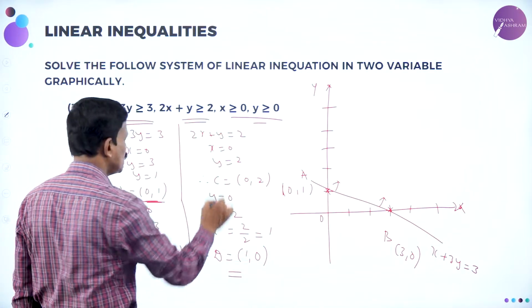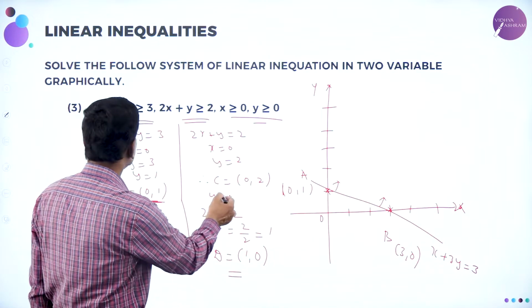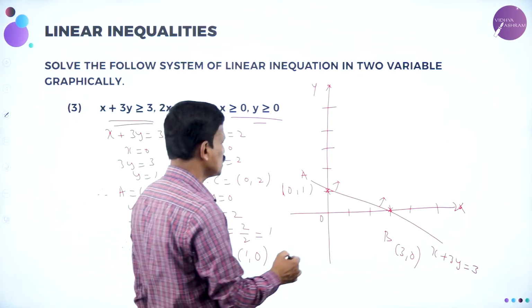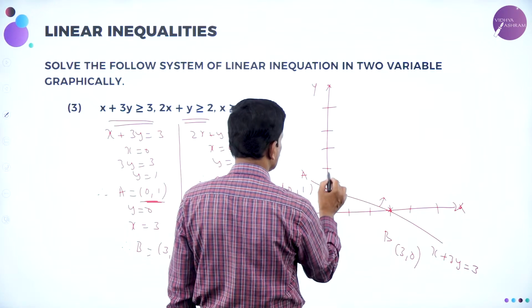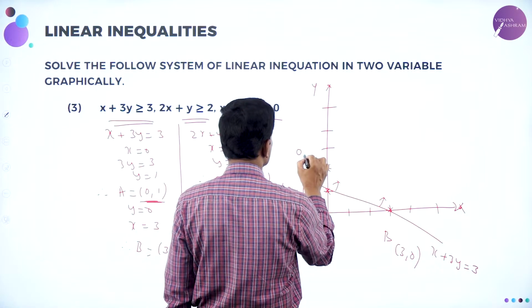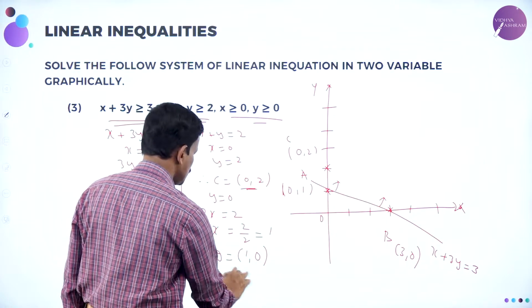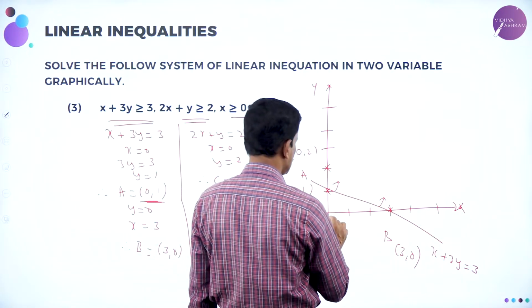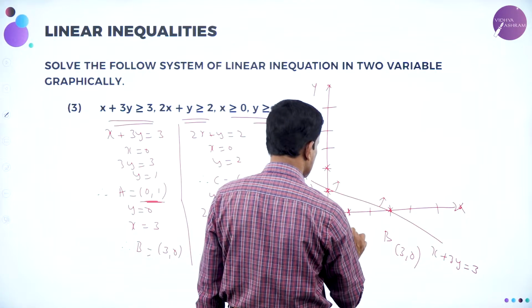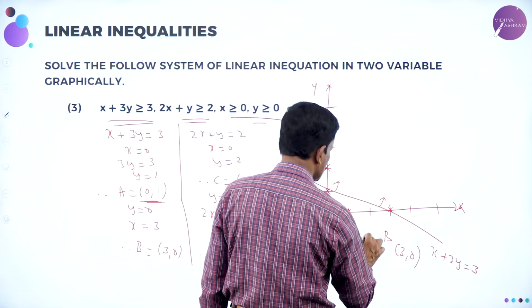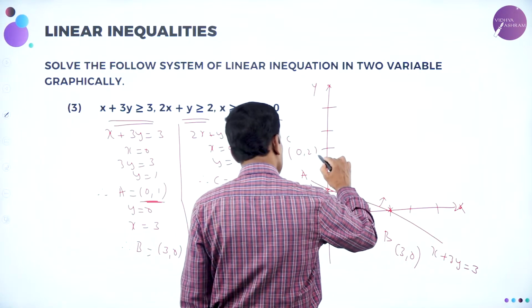Similarly, for the second equation, what is the second equation? C, 0, comma 2. When x is 0, y is equal to 2. This is 0, comma 2, point C. And another point D. What is D? 1, comma 0. So, x is 1, y is 0. This is D, 1, comma 0. Now, just draw a line.